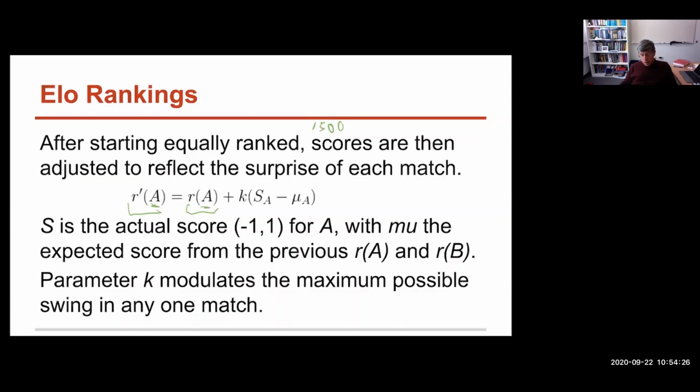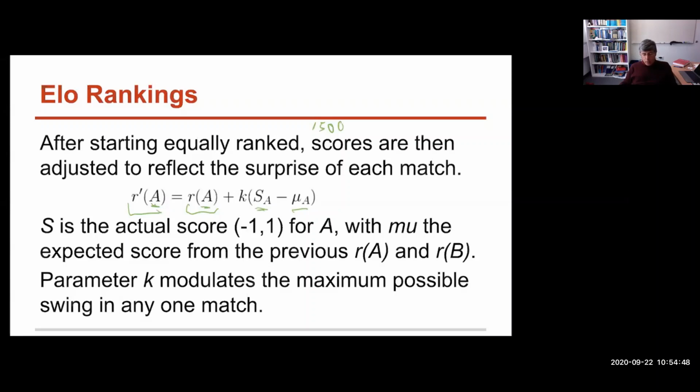If UA is the expected outcome, let's say the expected outcome for a match, okay? Whether I am playing someone who I should expect to win, beat, or not. And S sub A is the actual outcome of the match.